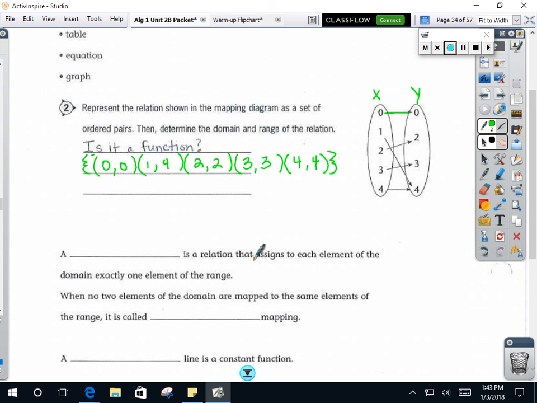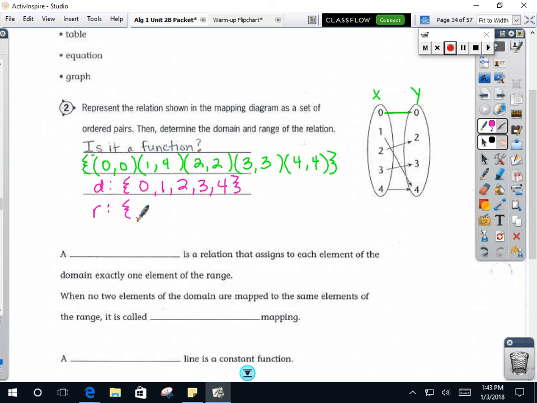Okay, now that we've written it as a set of ordered pairs, we're ready to write down the domain and the range. What is the domain? 0. Right.